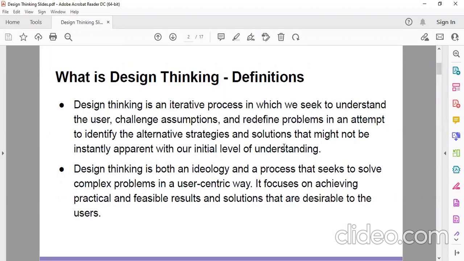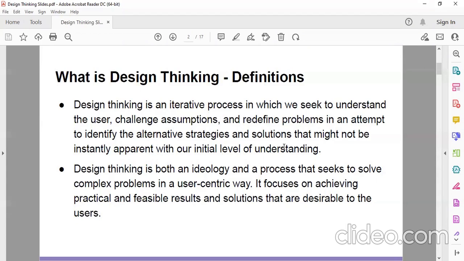And then we do the redefining, the ideas and the strategies, and then we go on with the development of that particular product or solution. So that is basically design thinking.